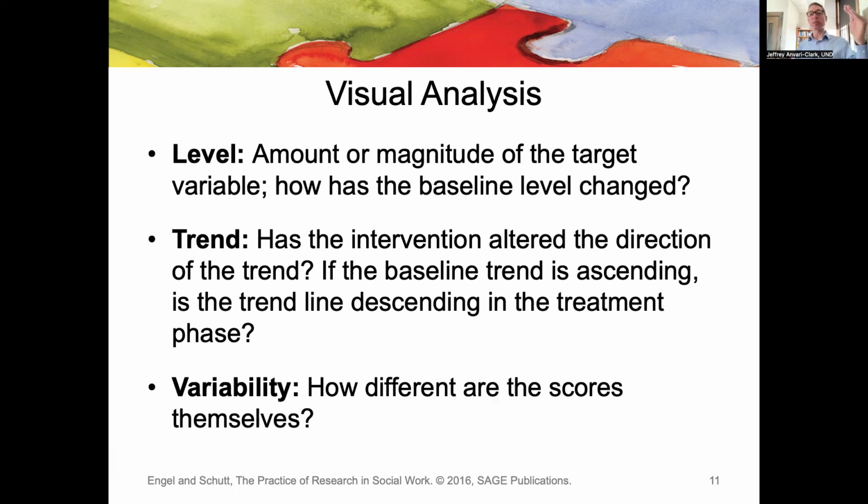If the anxiety was continuing to go up and then now we see it continuing to go down, that's a good thing. How are the scores different? So what types of variation are we seeing? And so that's why you need to get a good baseline of repeated measures over time so we can understand just simply what is the nature of their life and what we would otherwise expect.